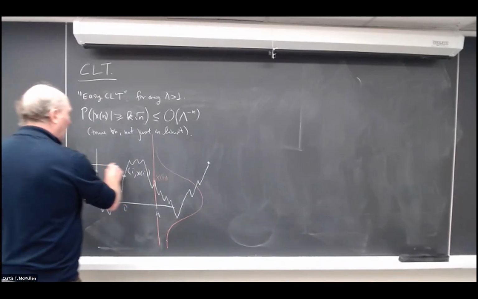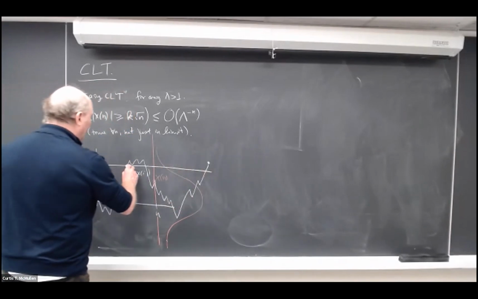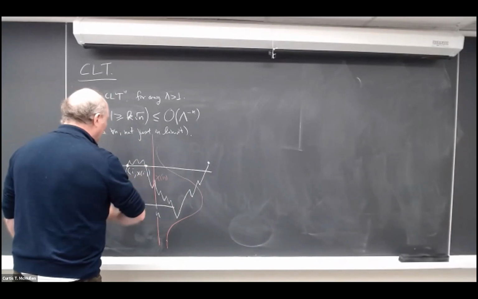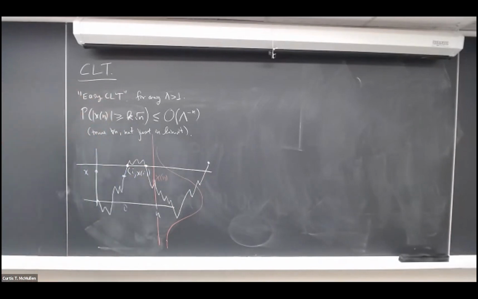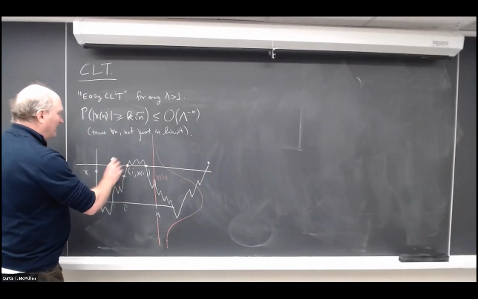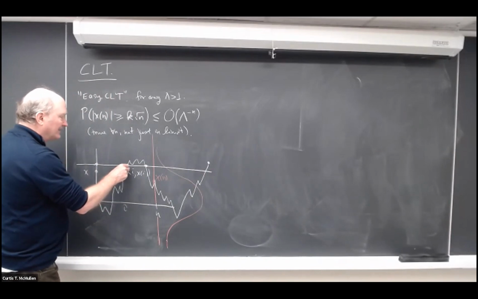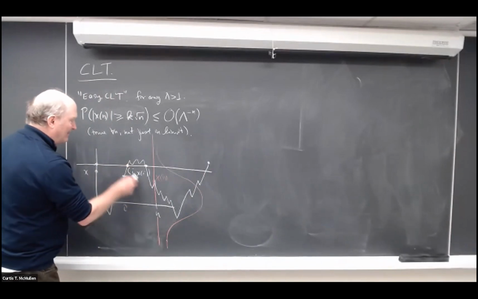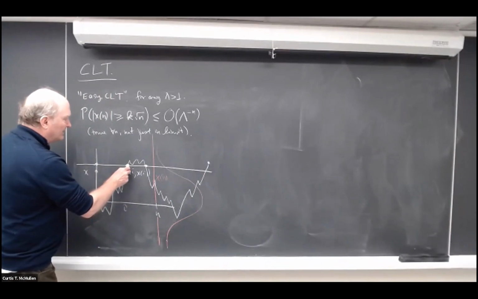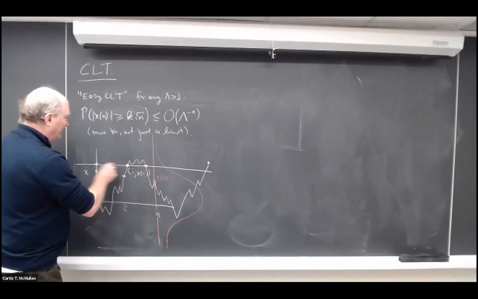You could draw a horizontal line like this. Now that will hit our graph in many points, and there are some different questions we could ask about time. We might ask, what's the probability that our graph hits this line, say up to time n? Or where do we expect the first point for this graph to hit this given line?